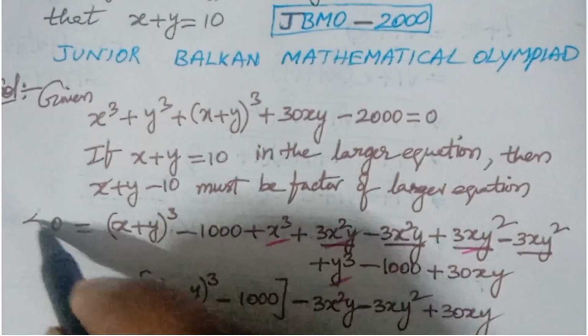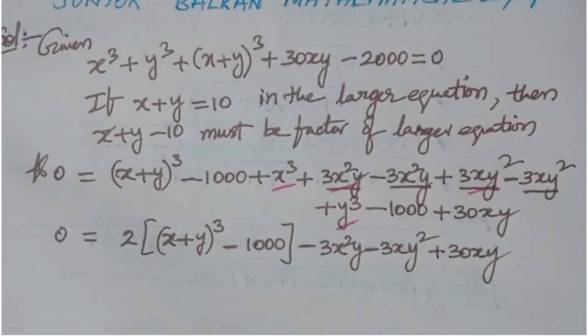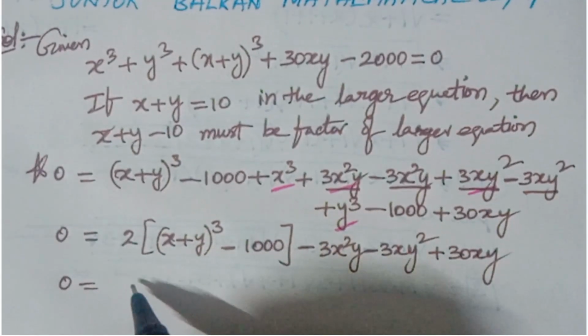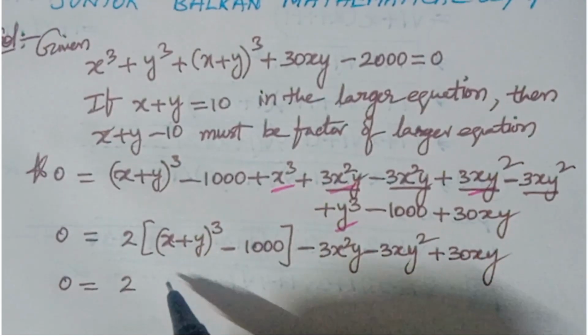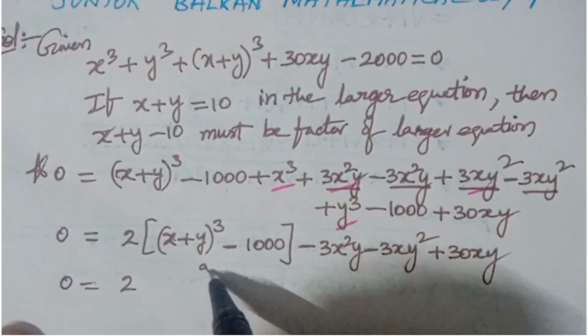So this is the logic in this problem, the logical step. So here what will we get now? 0 is equal to 2 into, here you can write the factor sum, a cube minus b cube.